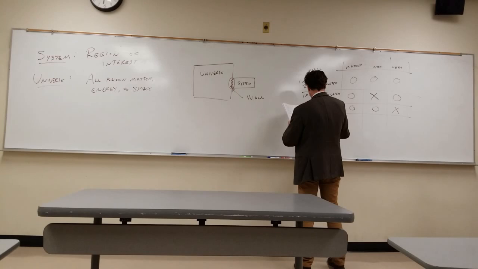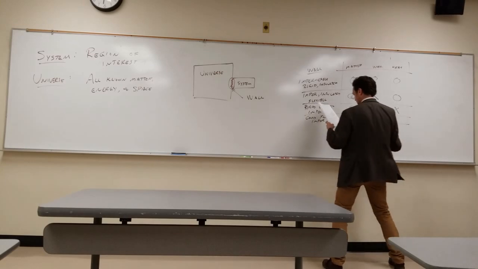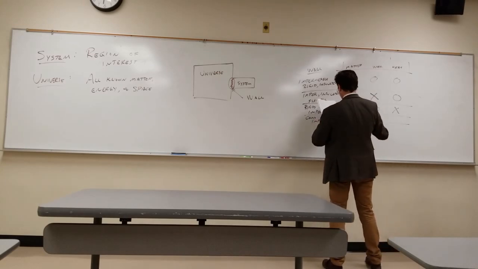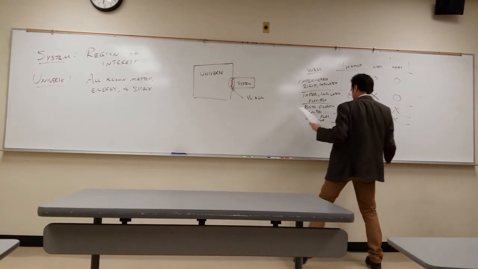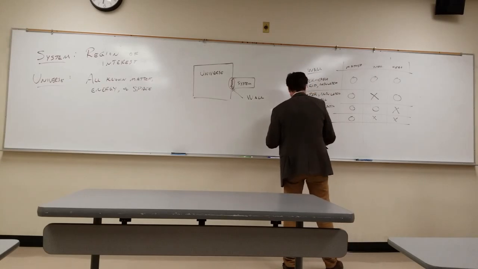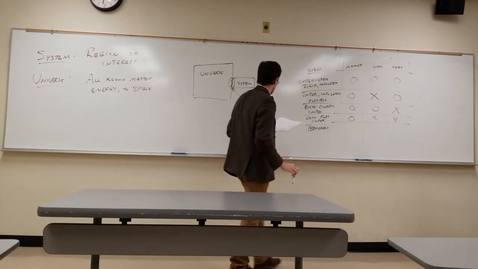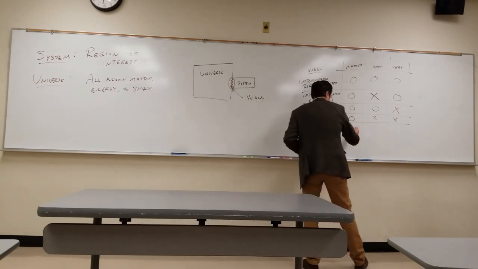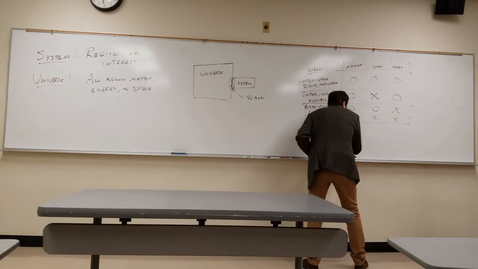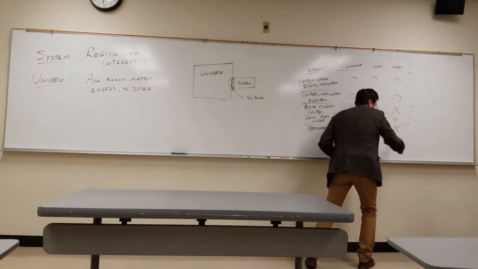Conductive, flexible, impermeable: matter cannot pass, work and heat can. And lastly, if you have a permeable wall, then matter can pass in and out, and so can work and heat.